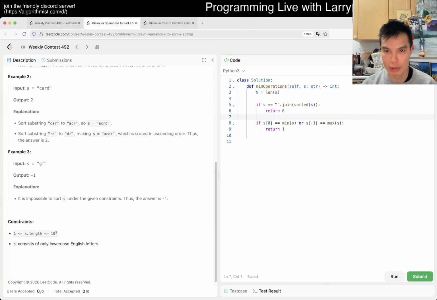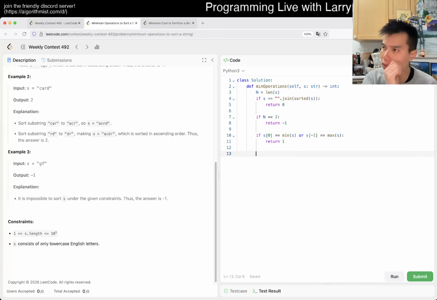Actually, it should be here instead. Okay, so now if it's not sorted, then we have to do 2. Is it 2 or 3?